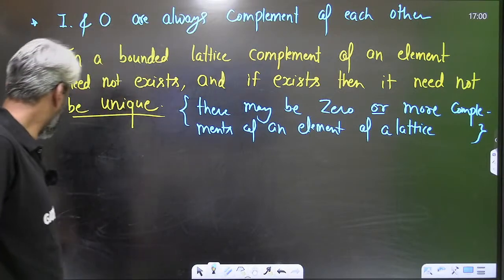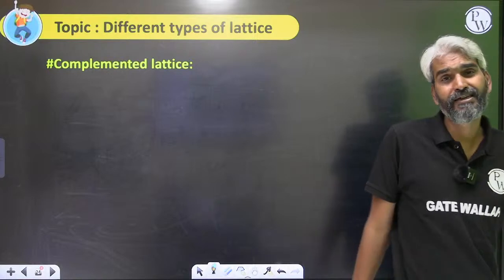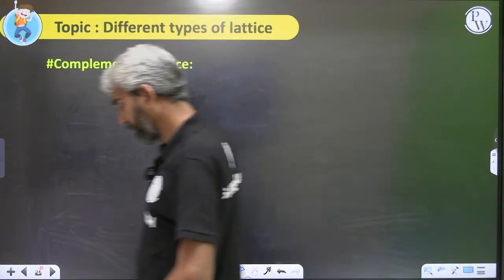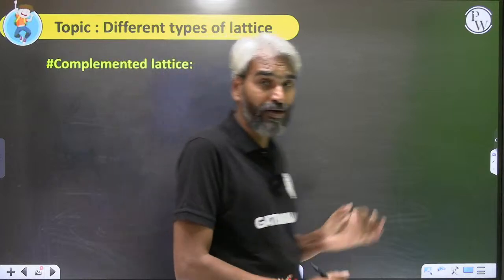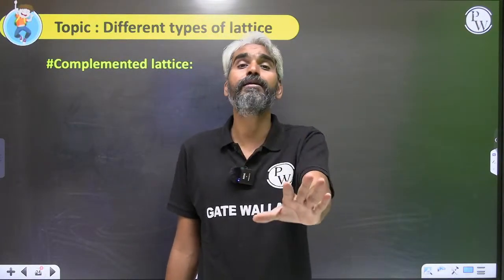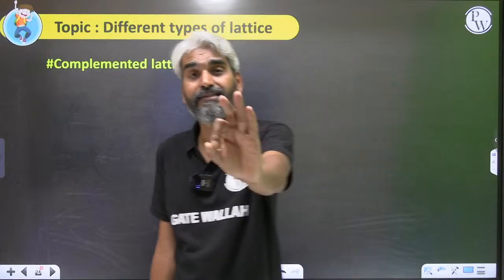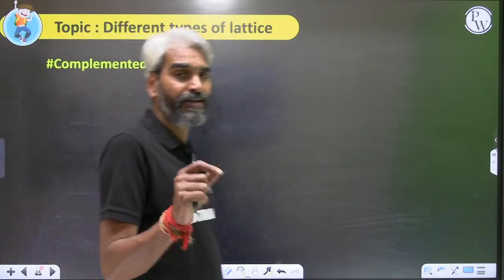Now, the next thing is the complemented lattice. When do we say that a lattice is a complemented lattice? The idea is quite simple: if a complement exists for every element of the lattice, then the lattice is called a complemented lattice. We are only saying that the complement exists for every element.